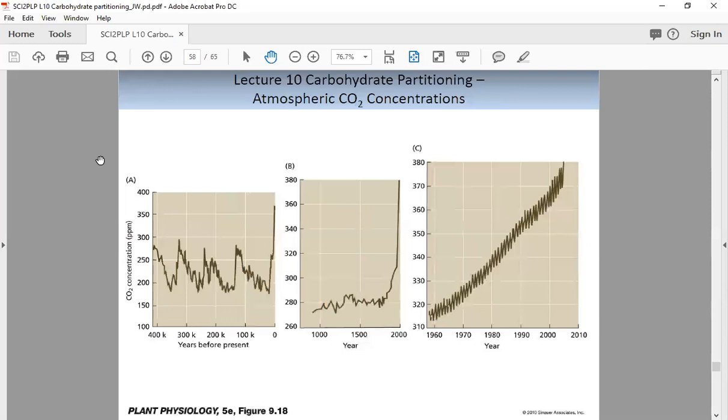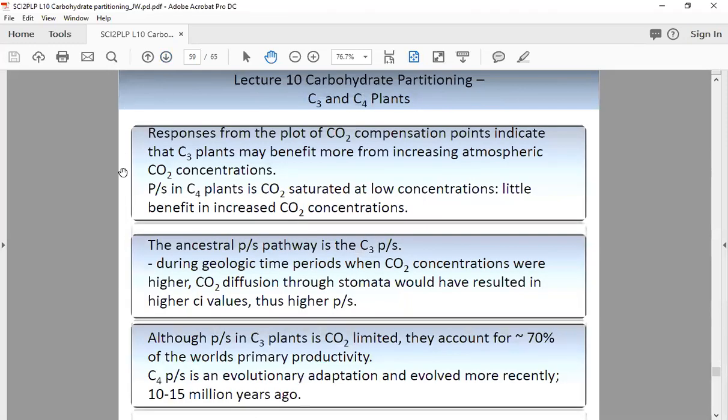In contrast, because photosynthesis in C4 plants becomes carbon dioxide saturated at low concentrations, they don't stand to benefit much from increases in carbon dioxide in the atmosphere. All right, and that's described for you here.